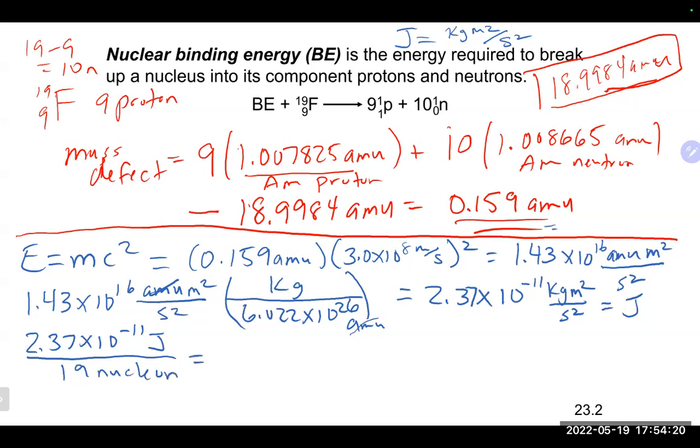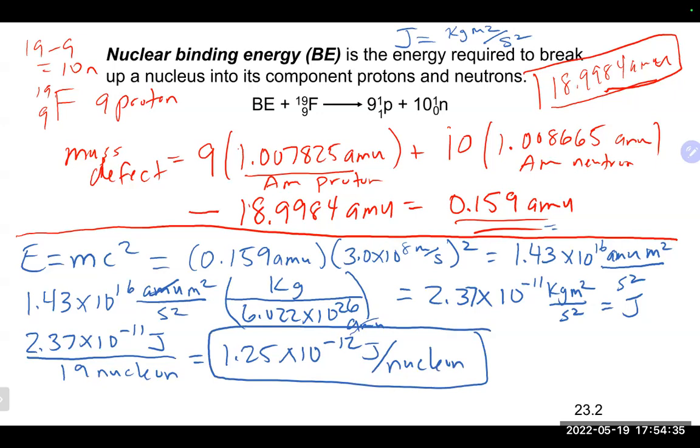And if we do that, we end up with 1.25 times 10 to the minus 12 joules per nucleon. Any question on that calculation there?